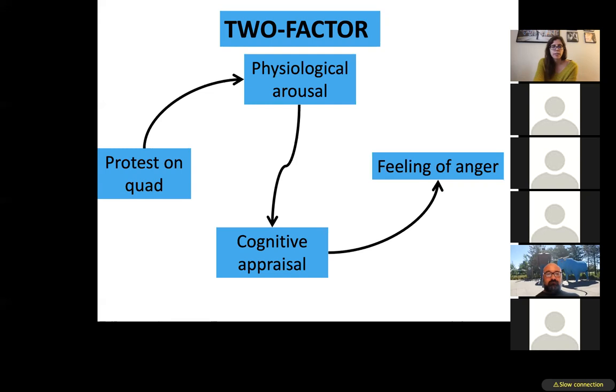If it's a protest on campus, you feel the same kinds of physiological reactions. And then you're like, well, why is my body responding this way? Oh, I'm angry about this thing that I'm protesting about. So you have this feeling like I'm protesting about something, so I must be feeling anger.